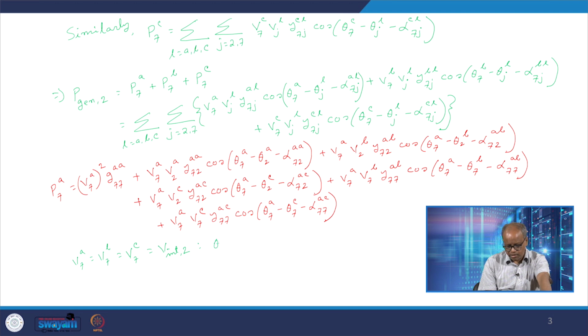And we also say that theta 7A is equal to theta internal 2, theta 7B is equal to theta internal 2 minus 2 pi by 3, and theta 7C is equal to theta internal 2 plus 2 pi by 3. So these are the relations, and we have to use these relations.